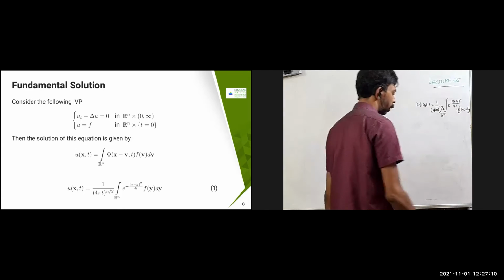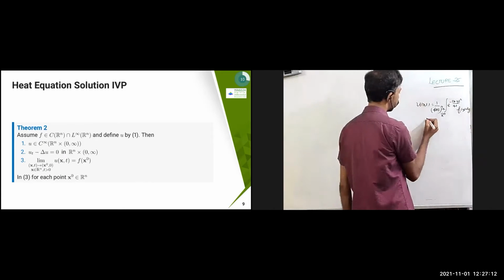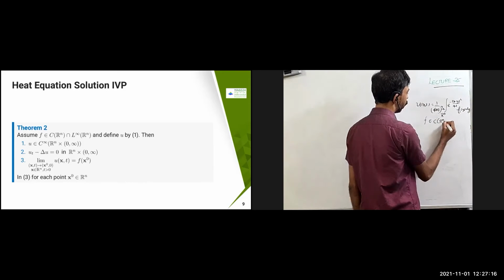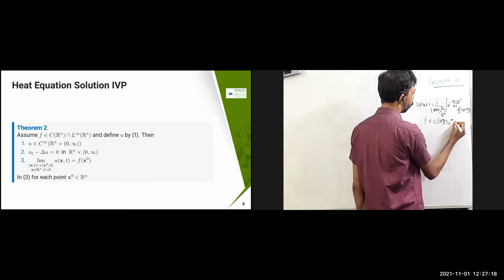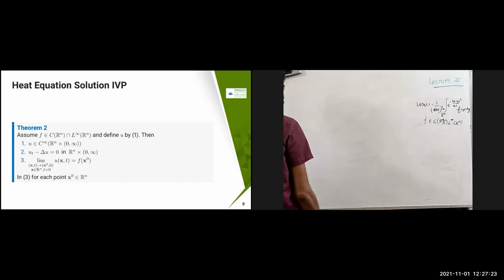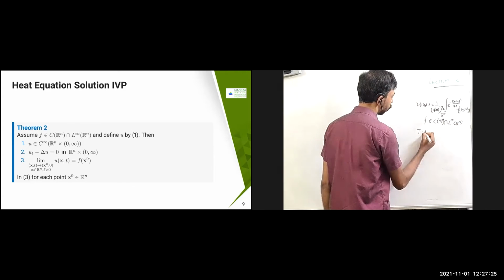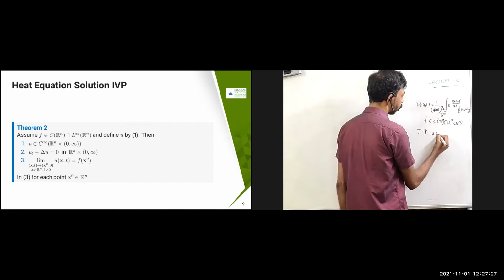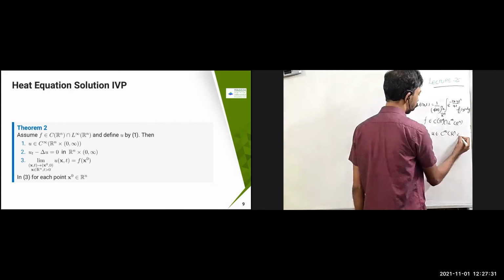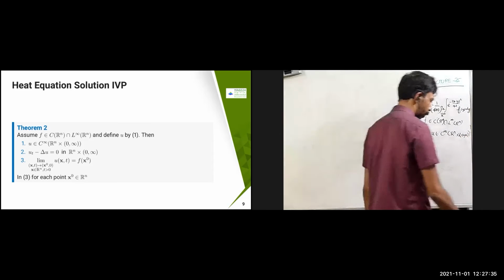It is given that f belongs to C of R power n intersection L infinity of R power n. So claim number 1, what I have got to prove is that u belongs to C infinity of R power n cross (0, infinity). Let us prove this one first.